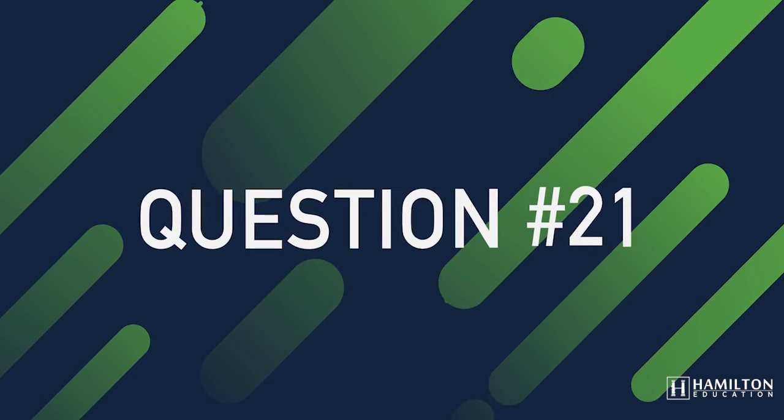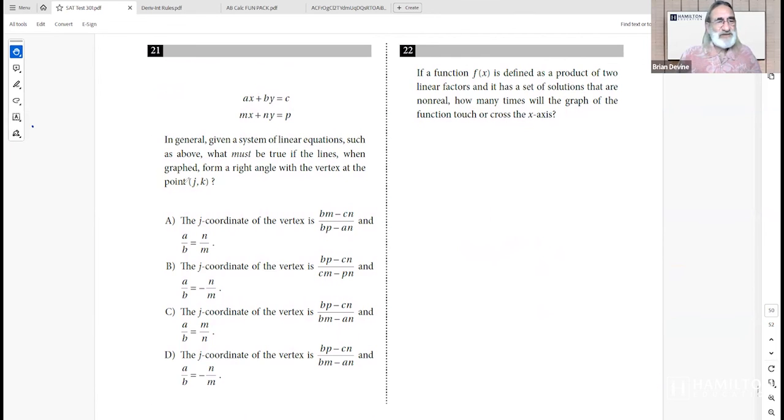I look at this thing and there's no numbers. It looks scary, but I want to show you that this is actually a pretty easy idea that's written in a really goofy way. First off, they said what must be true about these lines, and they said it's a system. And that when we graph these two lines as they're shown, they form a right angle at some point JK. Now, there's two things that we want to notice right away.